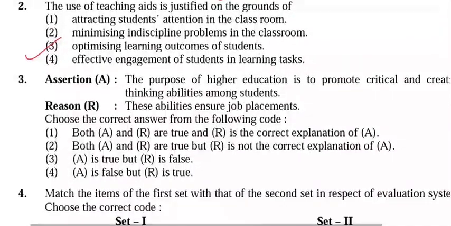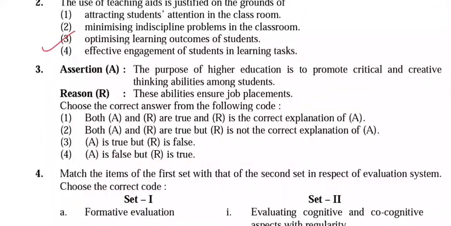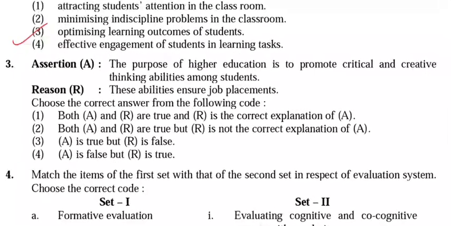Number 3 says assertion is given. Assertion says A. The purpose of higher education is to promote critical and creative thinking abilities among students. Reason is saying R. These abilities ensure job placements. Now choose the correct answer from the following code. Number 1 says both A and R are true, and R is the correct explanation of A. 2.